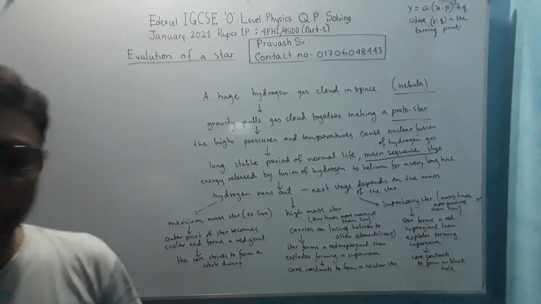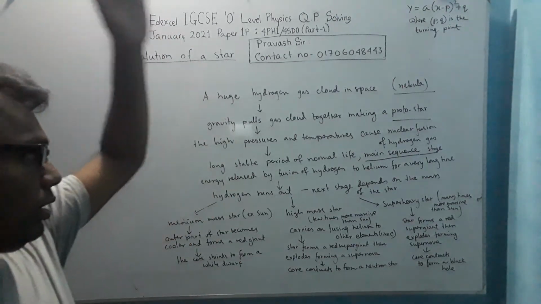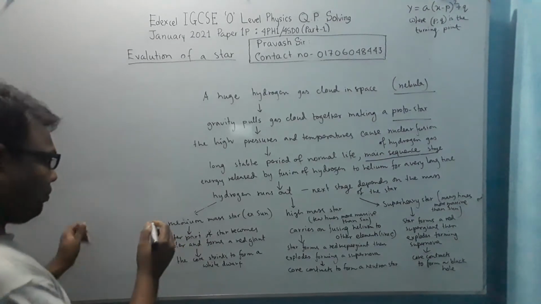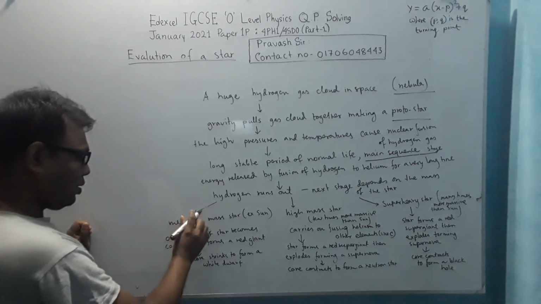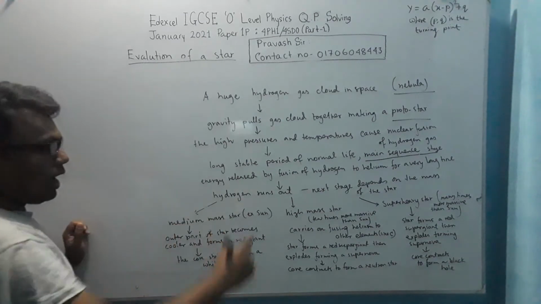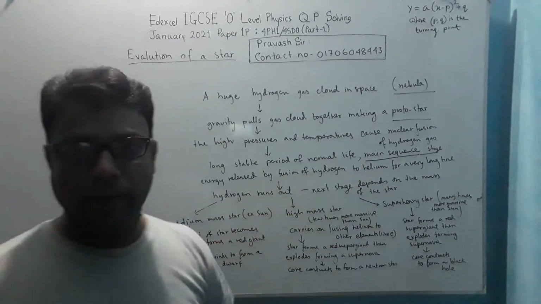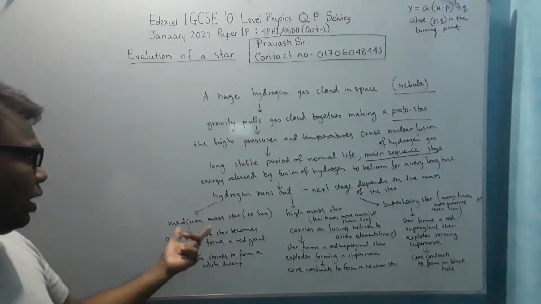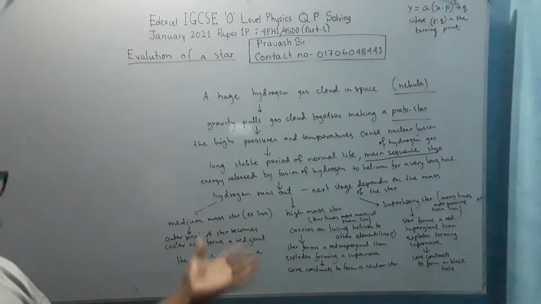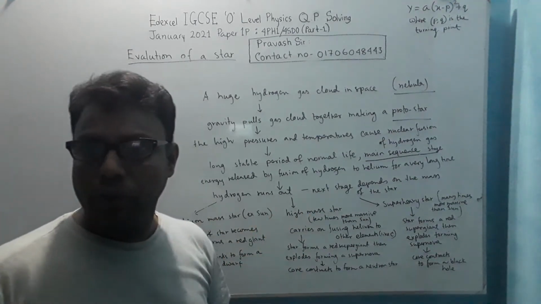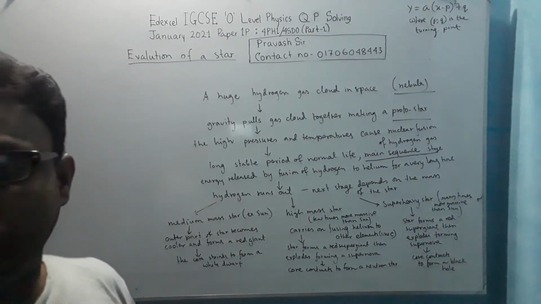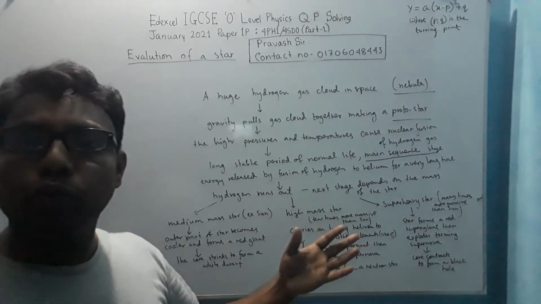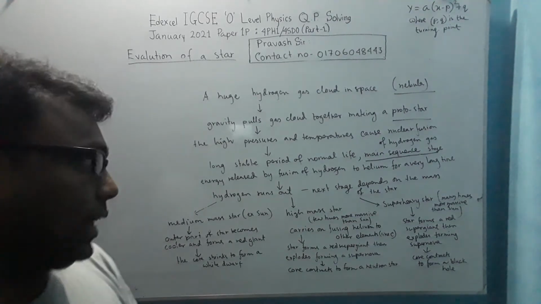So these are the stages of a star with different masses: medium mass star, high mass star, and super heavy star. The medium mass star is our Sun, the high mass star is a few times more massive than our Sun, and the super heavy star is many times more massive than our Sun.